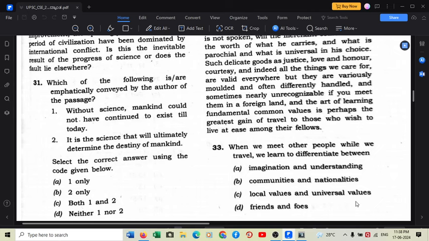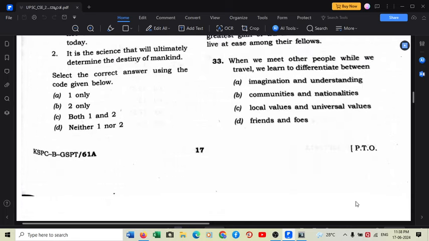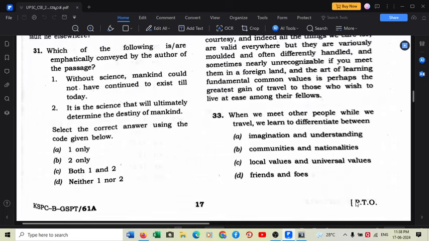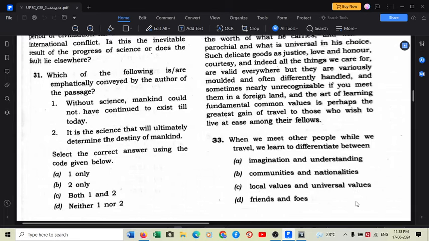Virtues like justice, love and honor, courtesy, they mean different for different people, and only when we travel more we tend to realize that what love means for a person living in area A or a person living in area B. Love, honor, courtesy, justice could be different for different people because they hail from different cultures, from different conditioning. So that's why the answer is C, local values and universal values.